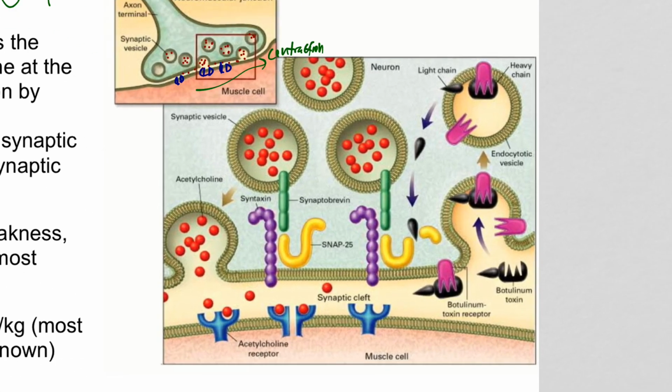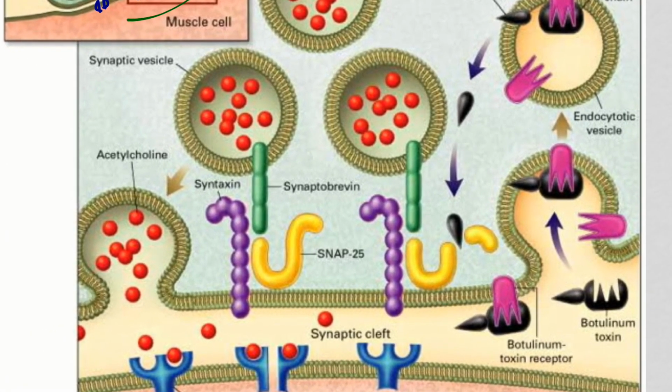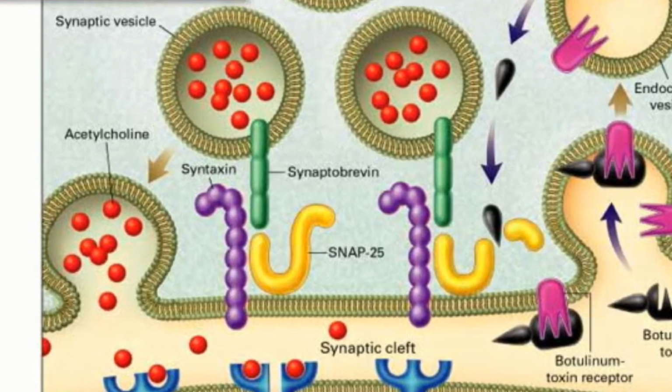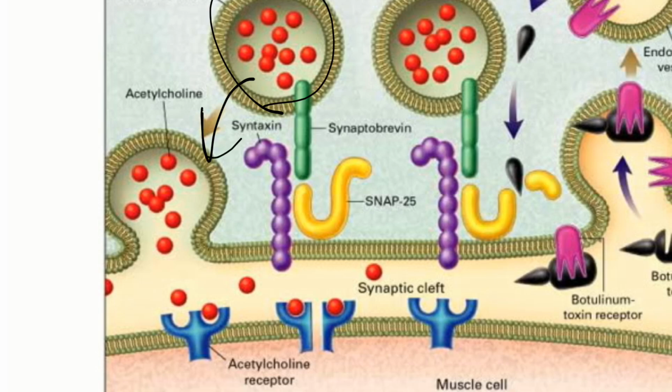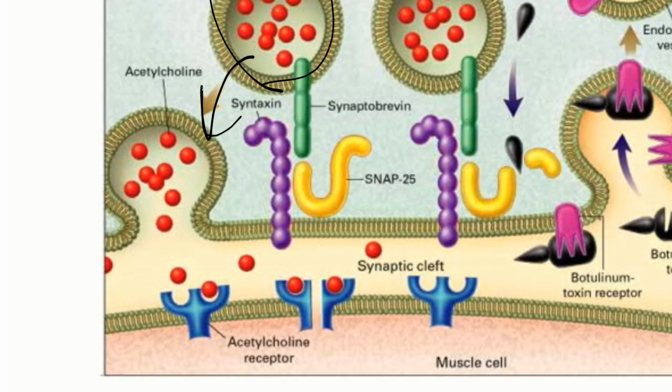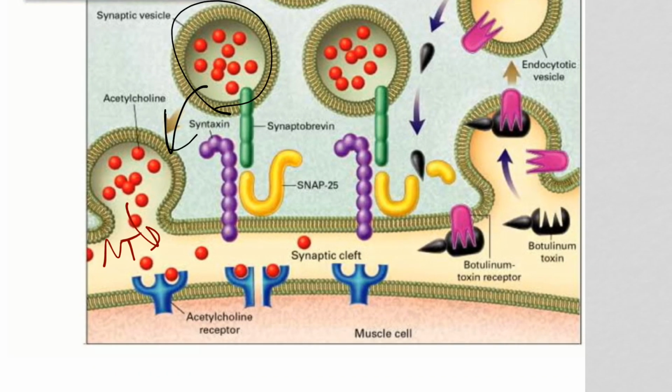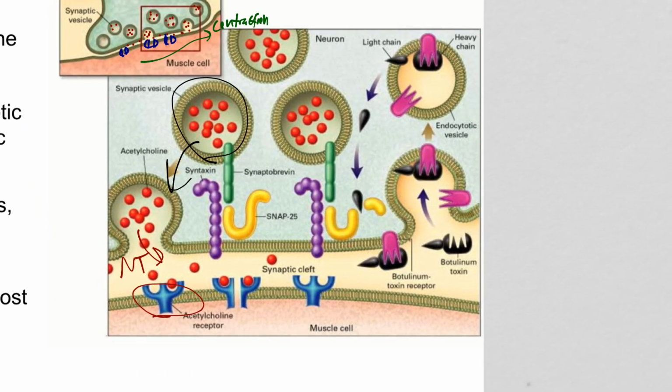The way this actually works is there are these group of proteins called SNAP proteins that are required to take these vesicles, move them to the cell membrane of the axon terminal, and release neurotransmitter. These little red dots represent neurotransmitter molecules. This blue guy down here is the receptor. In skeletal muscle, the neurotransmitter is acetylcholine, and so acetylcholine receptor.